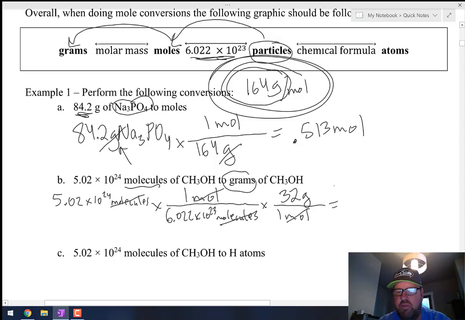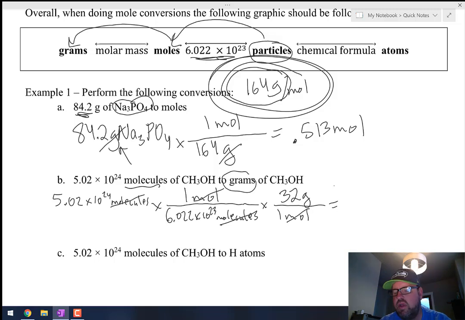So now I have to go to my calculator, and I'm going to go 5.02 times 10 to the power of 24 divided by 6.022 times 10 to the power of 23 times 32.